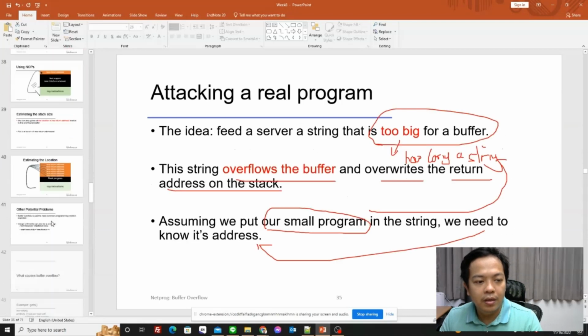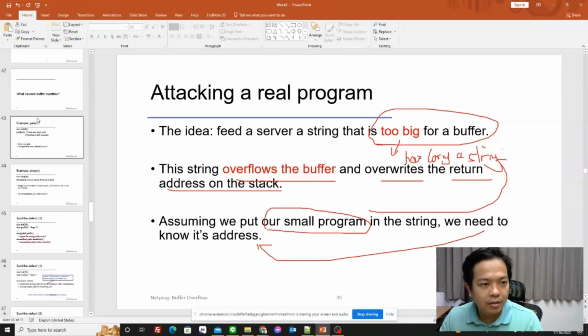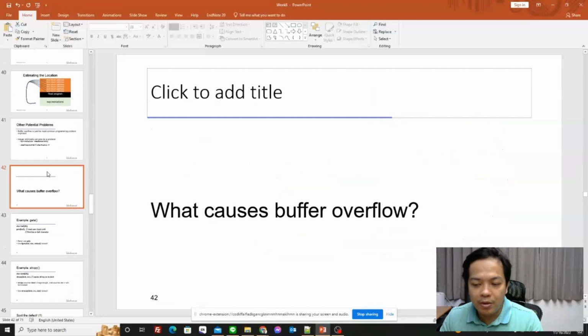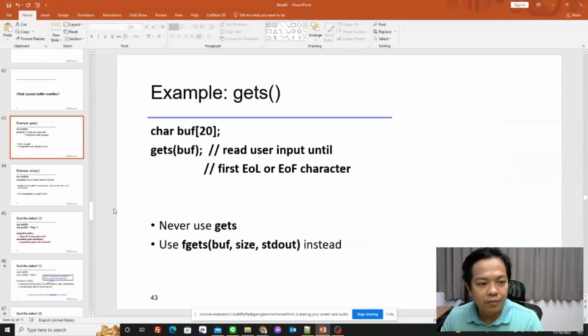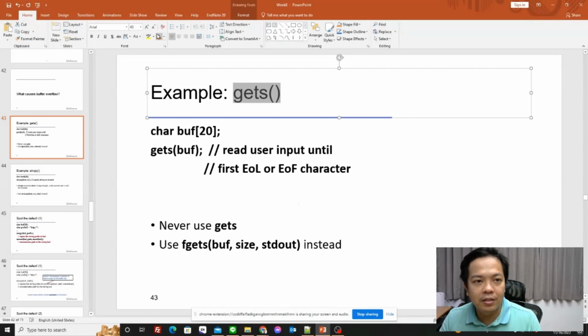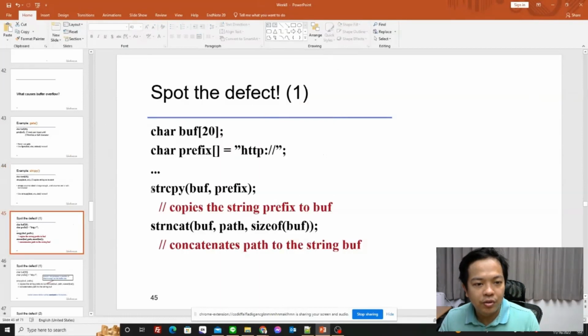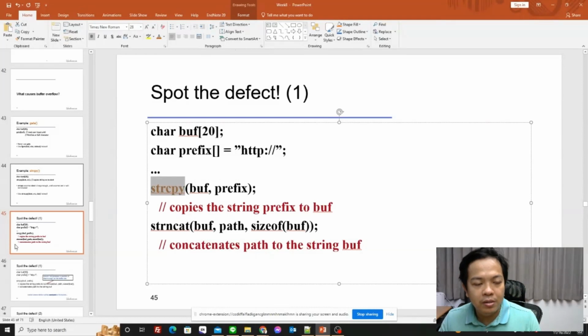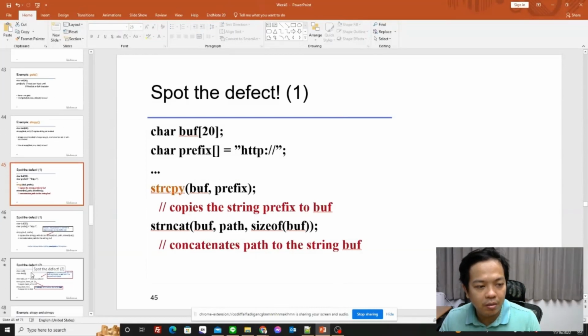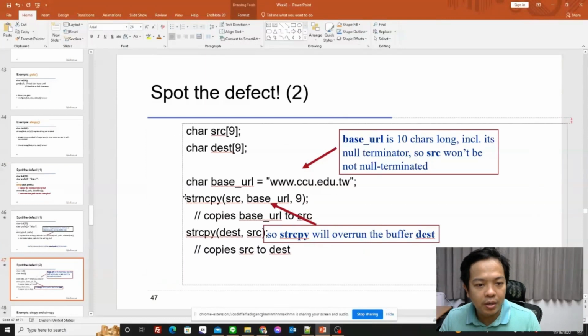Okay, and some other information may be very useful for you. For example, you can check several functions in C and C++, like gets or string copy. String copy is in modern compilers not used anymore.